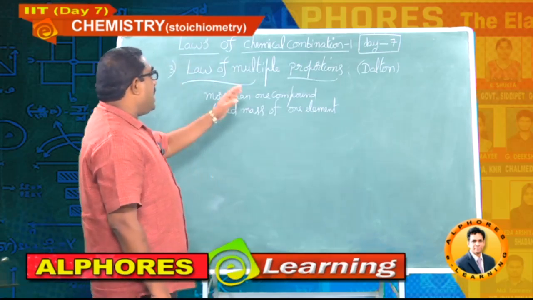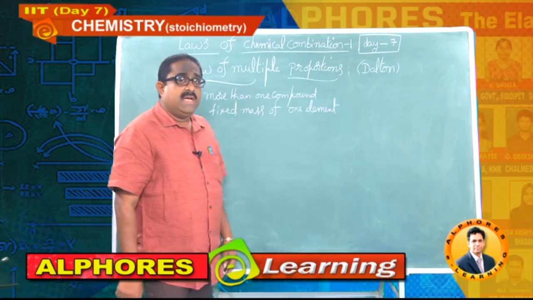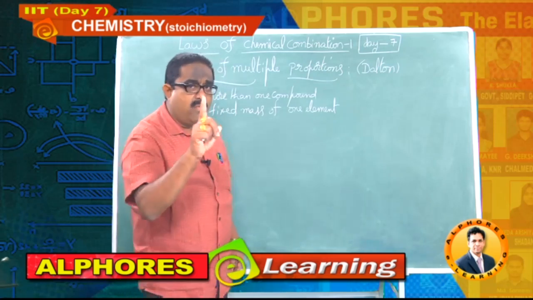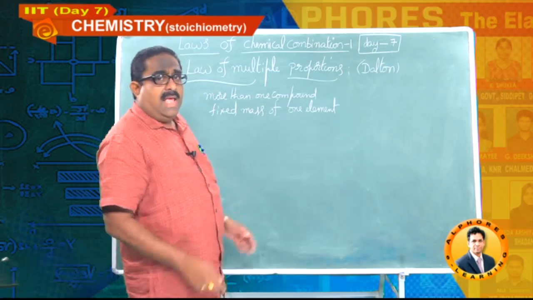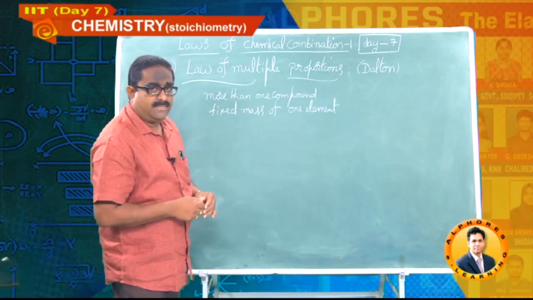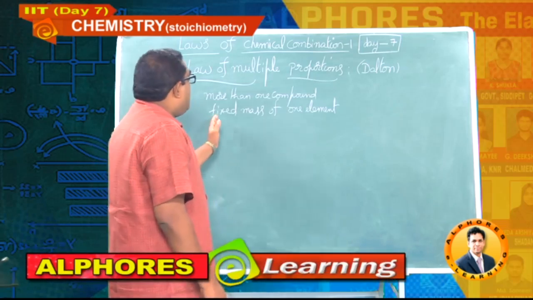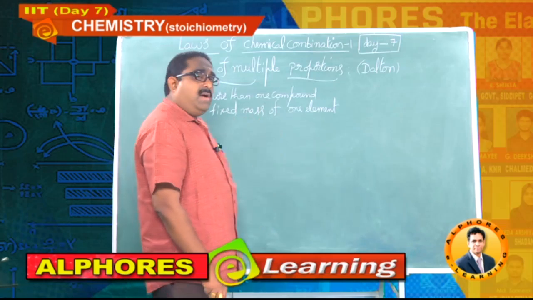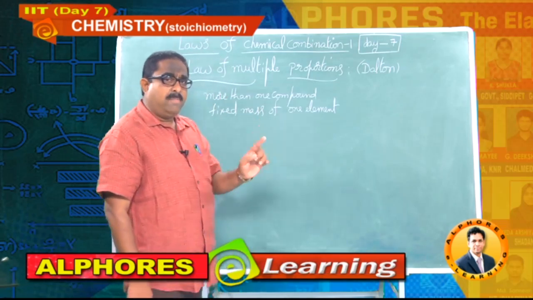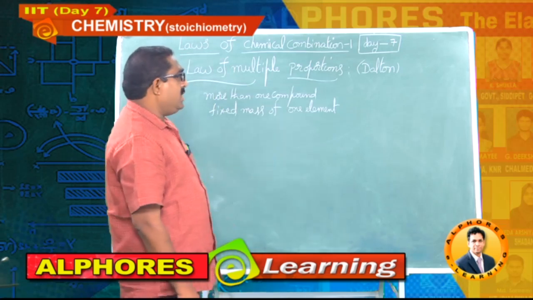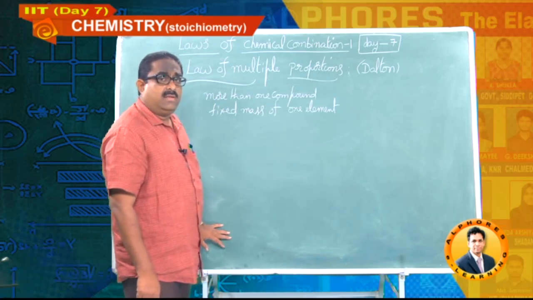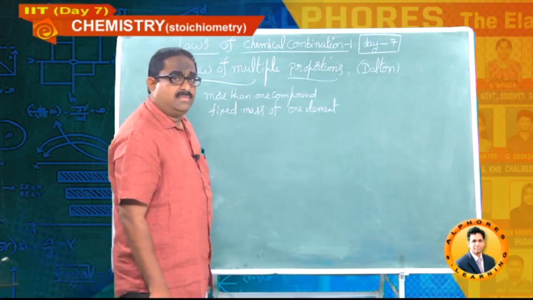And according to the law of multiple proportions, if two elements combine to form more than one compound, then for the fixed mass of one element, the masses of other element combined will be in the simple ratio. I will explain this with some examples.